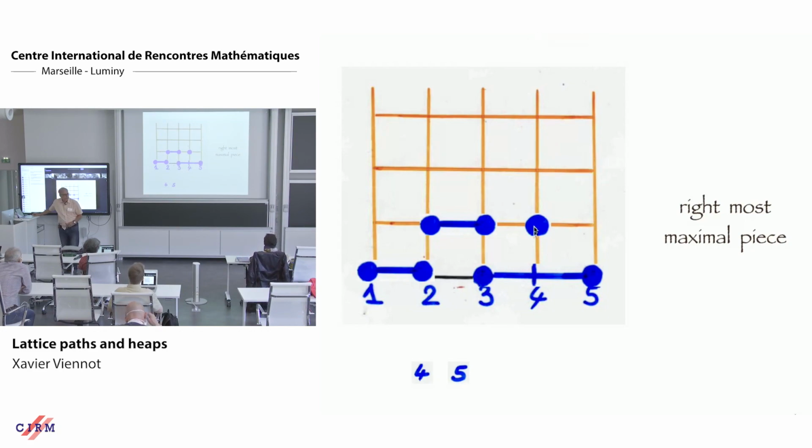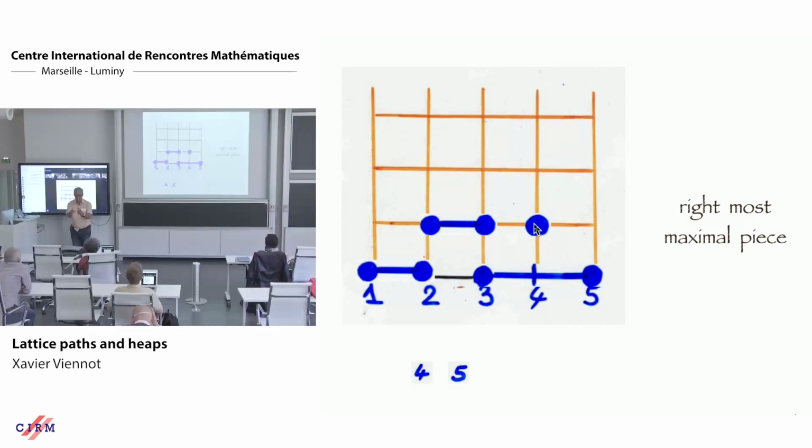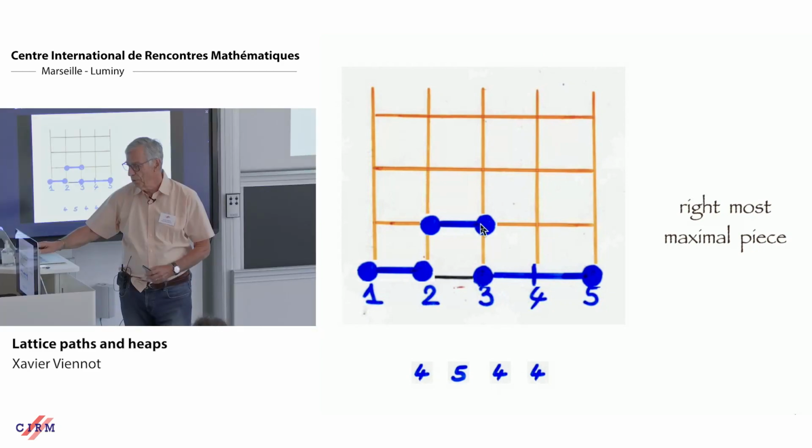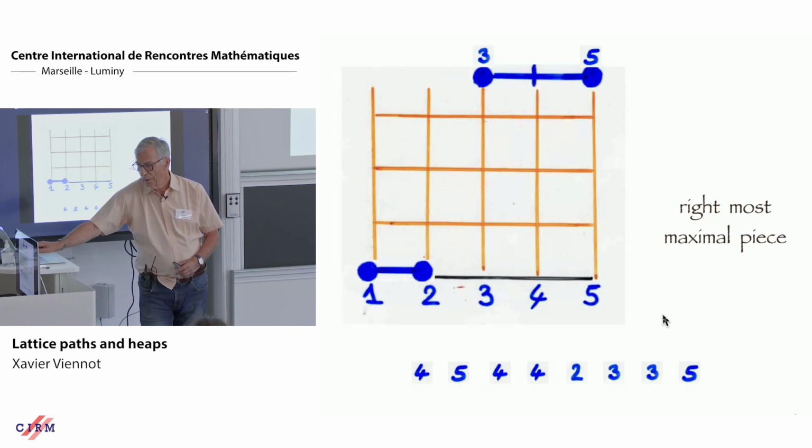Then you take the next rightmost maximal piece. It's 4. When you have a point, the segment is 4, 4. A segment has two extremities which are the same. So it is 4, 4. And you see, 4 is increasing and now decreasing. Now it's weakly increasing. Then you delete it. Next one is 2, 3. So 2, 3, 4: 2 is decreasing, increasing. Rightmost maximal piece, etc.